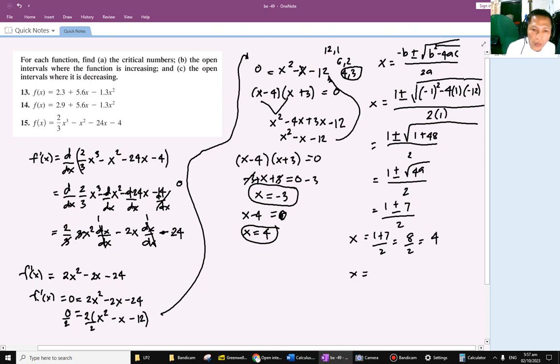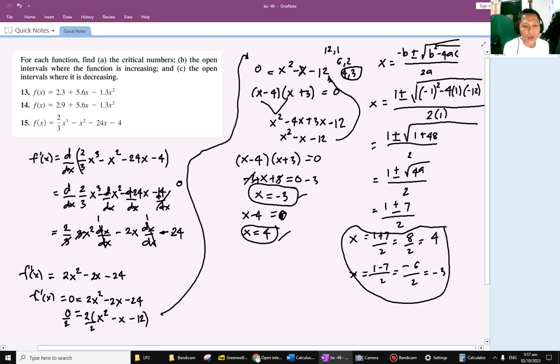And x is equal to 1 minus 7 all over 2, which is negative 6 all over 2, which is equal to negative 3. Okay? So those are your values, just like this. So that is using the quadratic equation. By that, you have identified the critical numbers, that is negative 3 and 4.